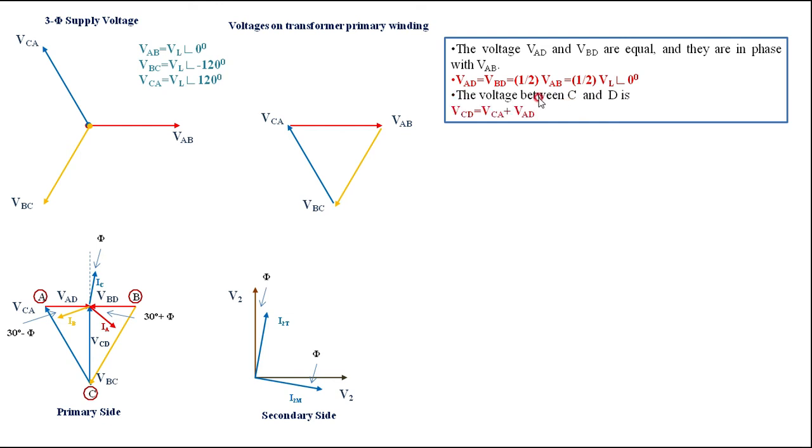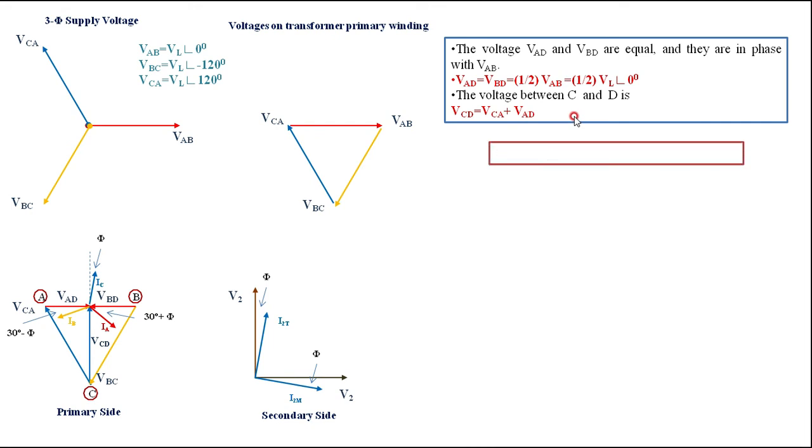Then the voltage between C and D, that is the voltage across the teaser winding of the primary winding. What is that voltage VCD? VCD is nothing but VCA plus VAD. That is VCD is equal to VCA plus VAD. It is a vector sum.